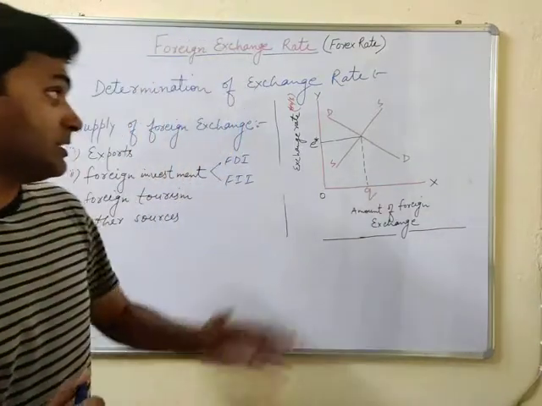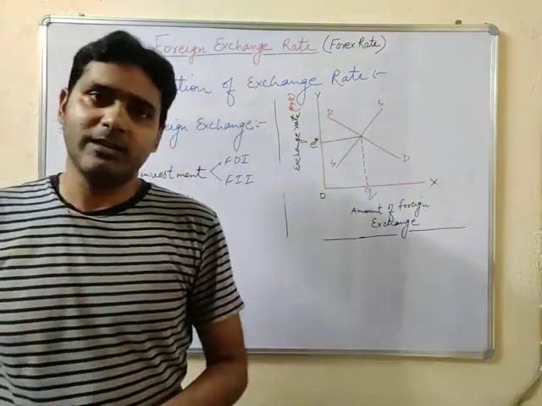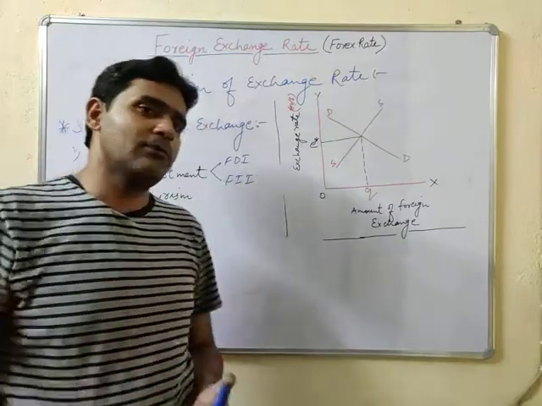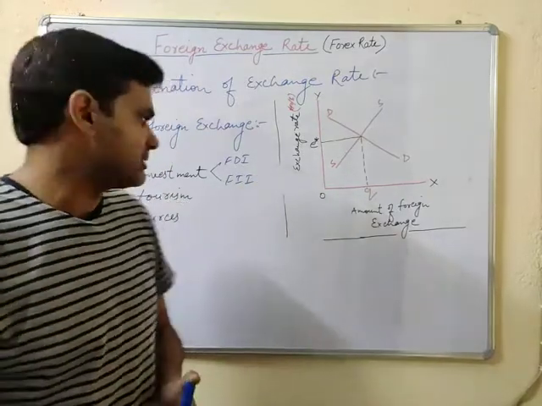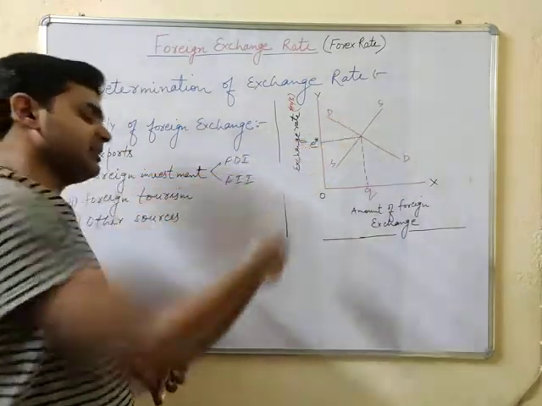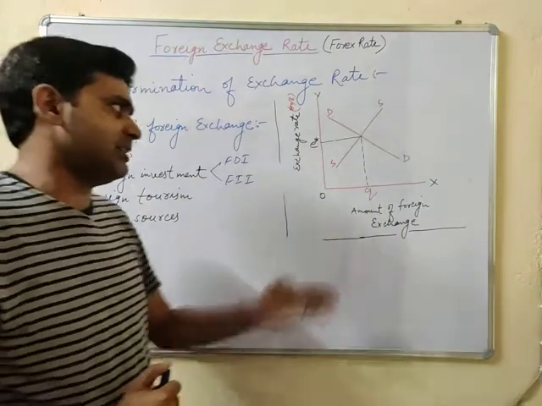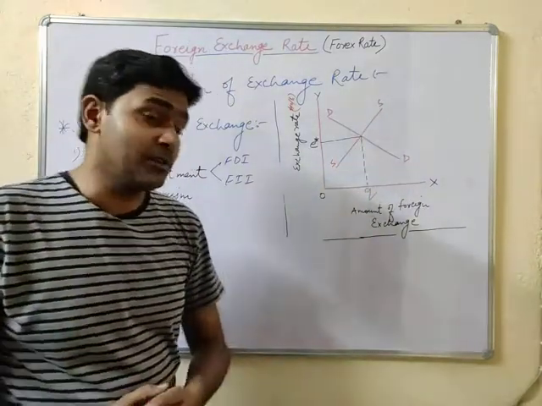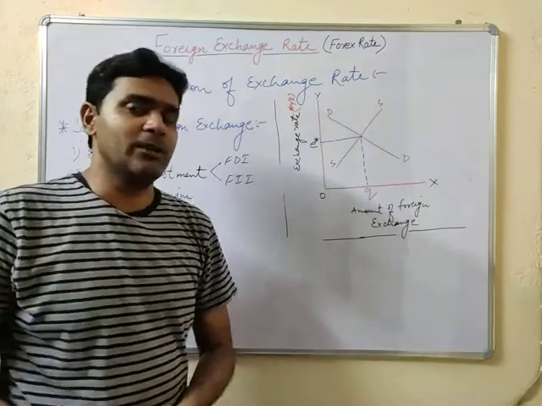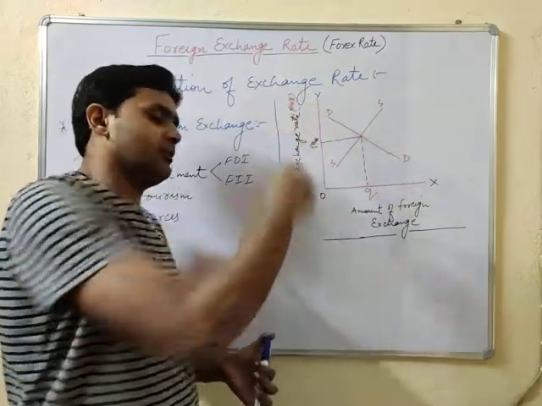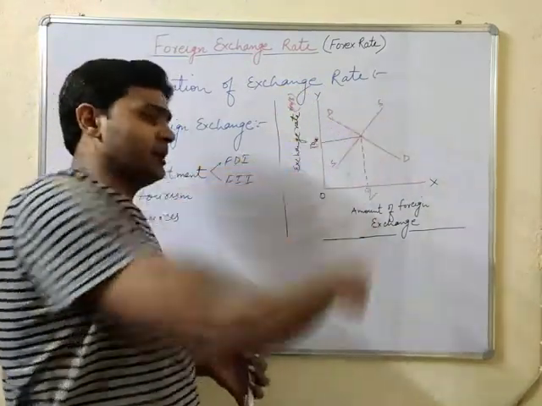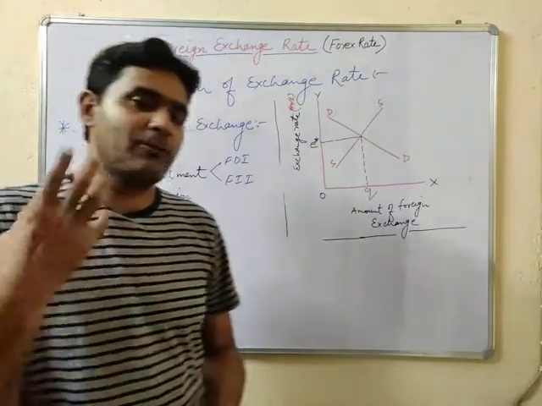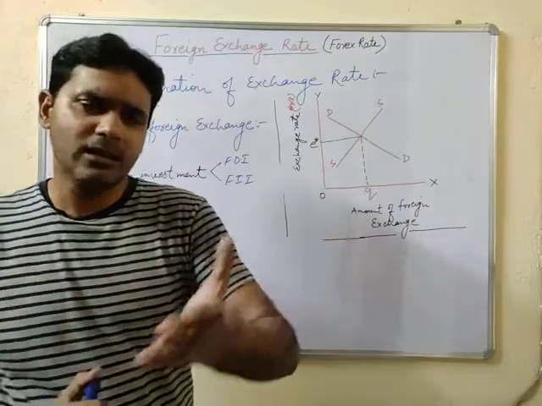So that is why, due to the increase in exchange rate, the demand for foreign exchange will decrease. And in the case of supply of foreign exchange, there is a positive relationship, as the slope of the supply curve is upward. Upward slope shows the positive relationship between price and quantity.